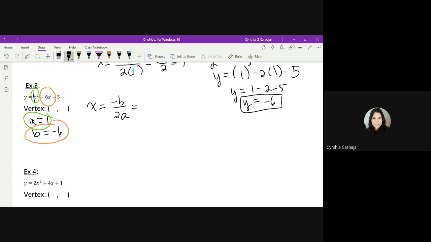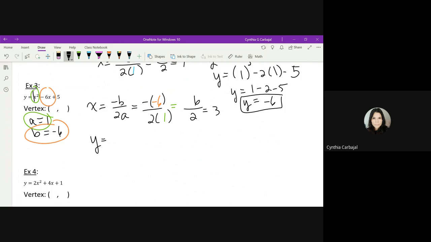So we plug in negative b, which is a -6. Watch out when you have a negative. And then a is 1. So that's going to give me +6, which I really don't need to put the positive, divided by 2. So my x here is 3.